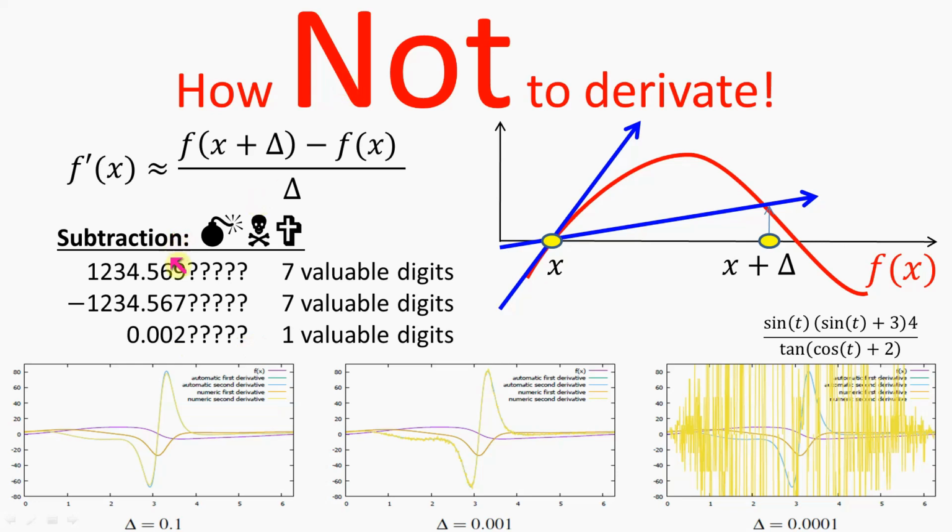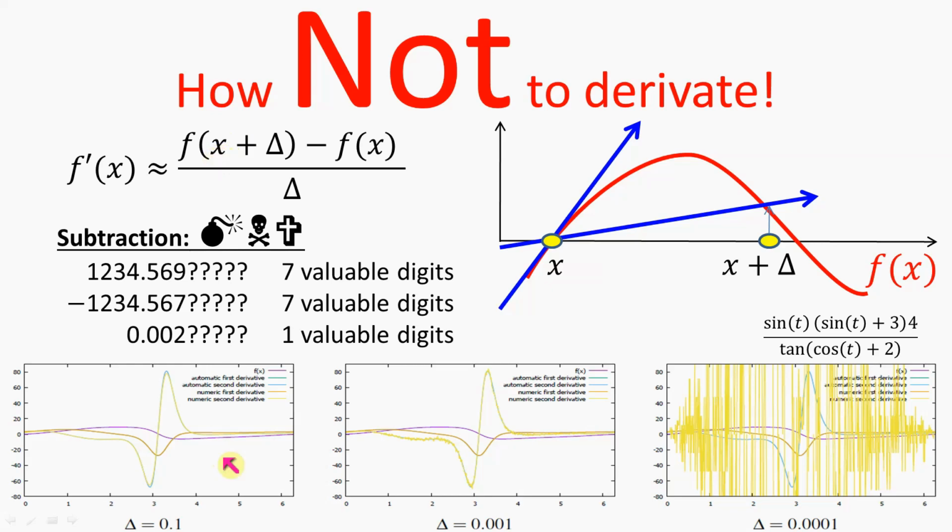So while we had several valuable digits at the beginning, we have just a single valuable digit at the end. So the error can grow without any limit if we compute the difference of two numbers, and this is exactly what we need when differentials are approximated by differences.